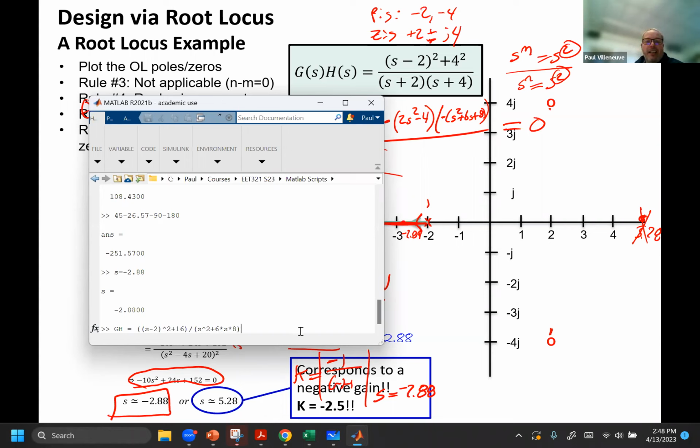So all I did here is take the GH and rewrite it over here. Plug that in, that's that value of GH.